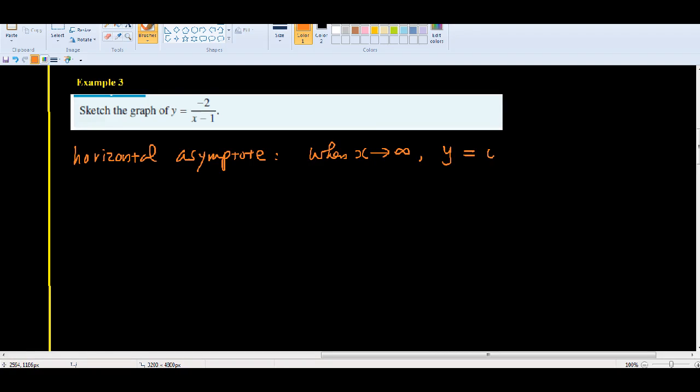Sorry, I need to be more consistent with my presentation. So when x tends to infinity, that's minus 2 divided by x minus 1 equals 0. So y equals 0. So that's the horizontal asymptote. And how could we find the vertical asymptote?